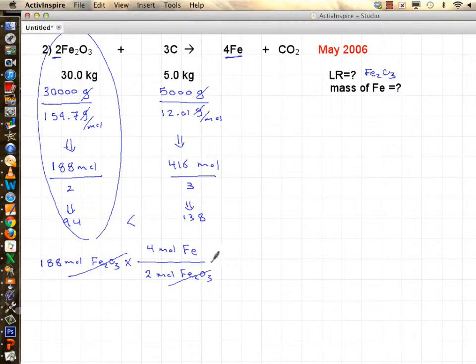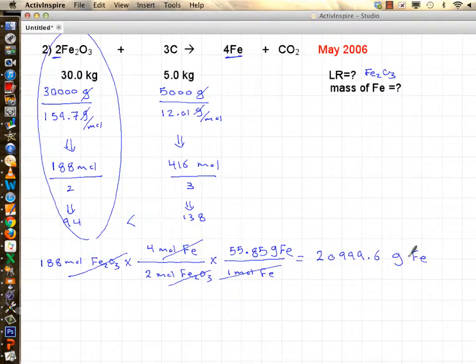Now you have moles of Fe, multiply by its molar mass. For every 1 mole of Fe, from the periodic table, its atomic mass is 55.85 grams. So the final answer will be 20,999.6, and this is grams of Fe.